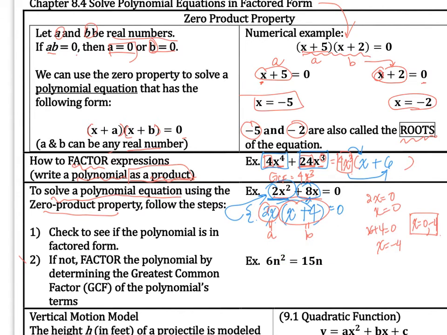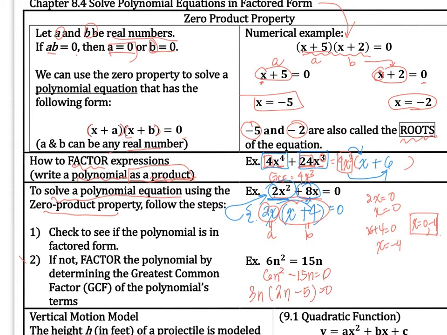Now I need to rewrite this polynomial as 6n squared minus 15n and let it equal 0. And then I can factor out the GCF of 3n. So this would be multiplied by 2n minus 5.